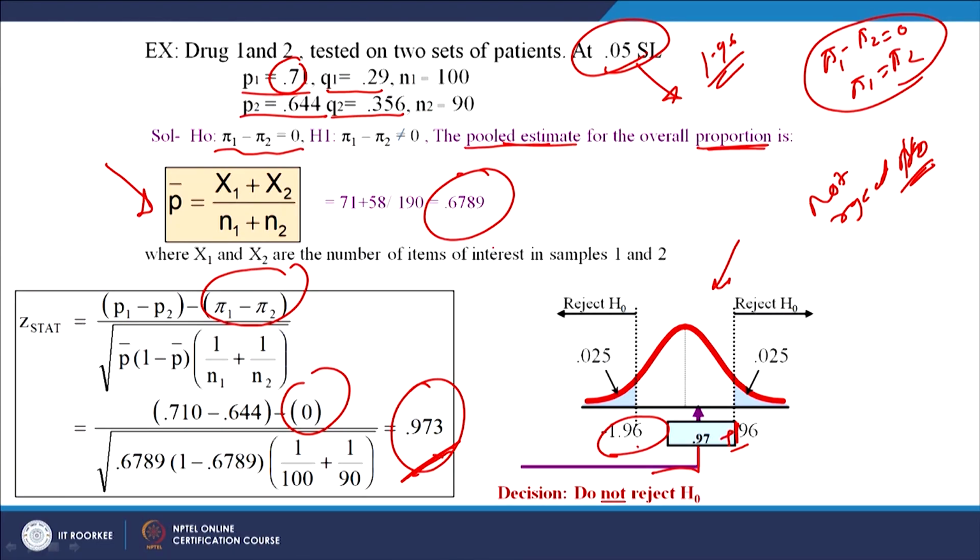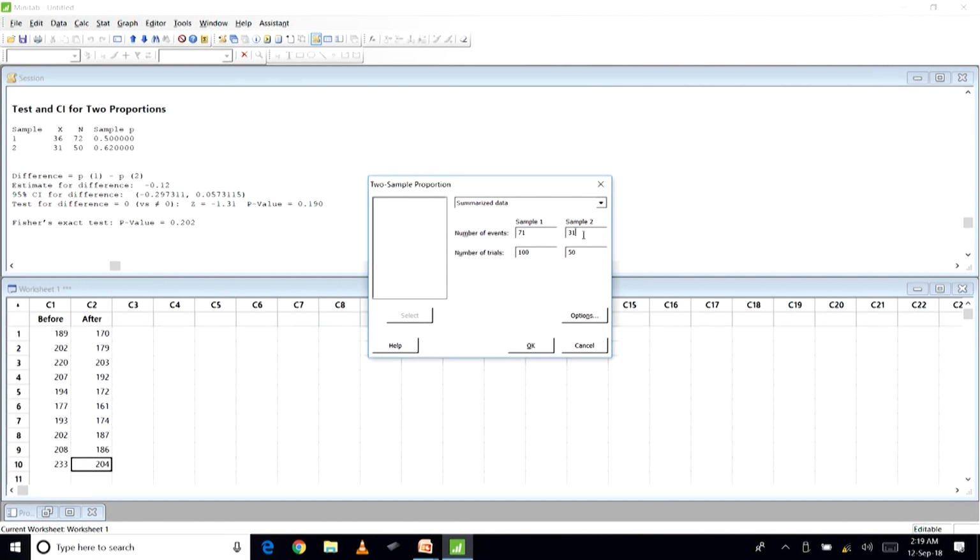Now, for the second, it is 90 into 0.644. You just do this calculation, 90 into 0.644, and you will get 58. You have to just take the rounded off value, right. You can't enter 57.5 or 57.8 over here.